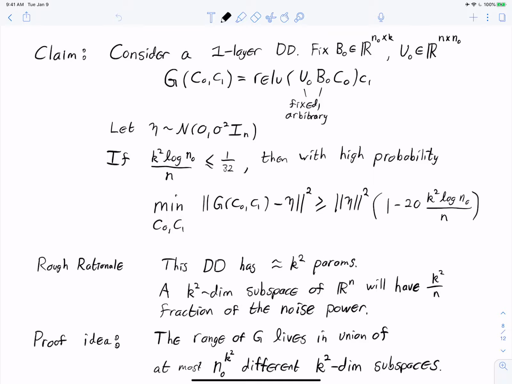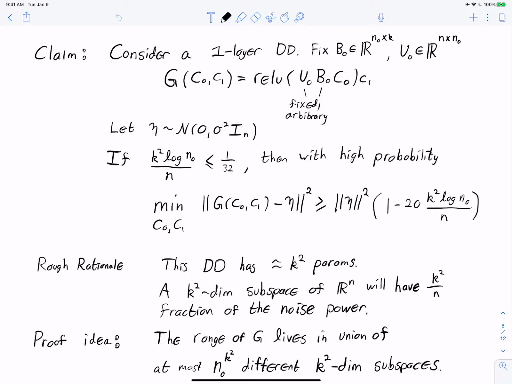This is a result from basically linear theory. And the idea of the proof of the deep decoder is that the range of G, the range of this deep decoder, lives in the union of a known number of different k squared dimensional spaces. One can bound this number by n0 raised to the k squared.